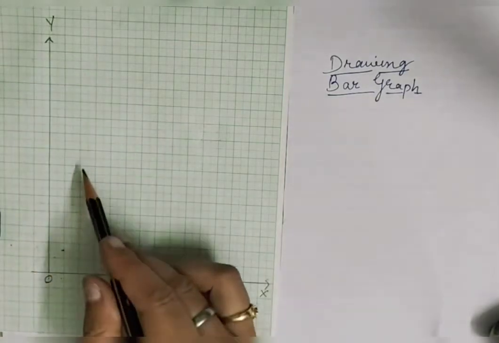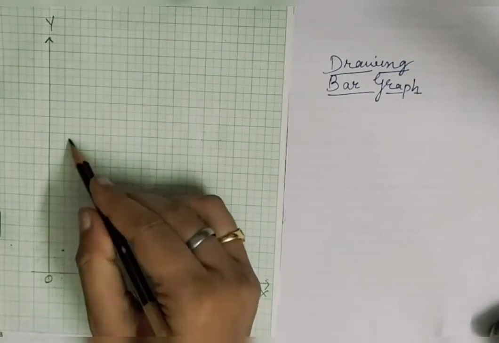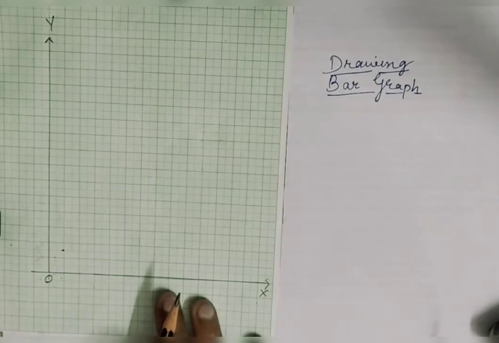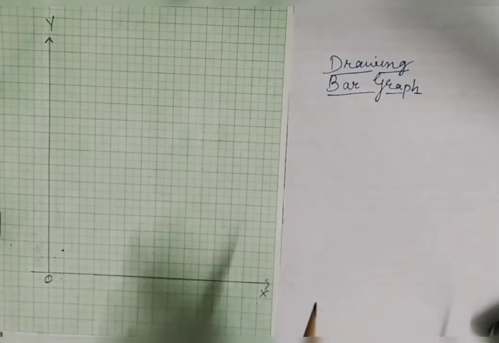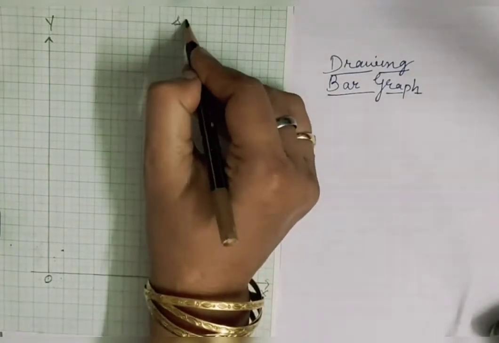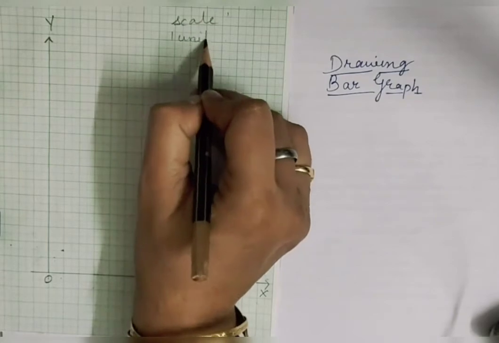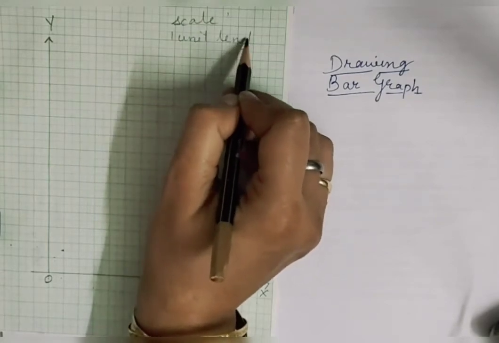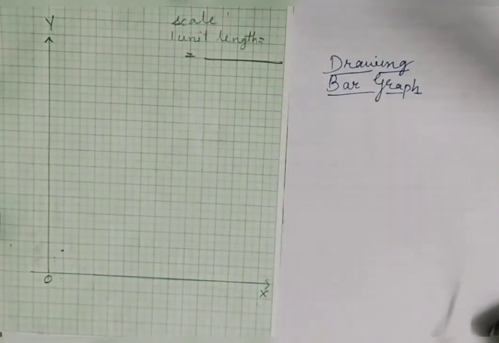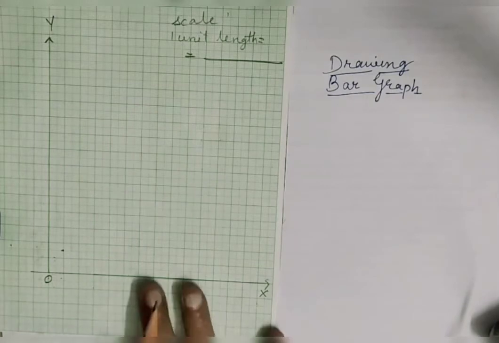Suppose we are drawing a vertical bar graph, then we need to draw like this, according to the information. Now, before drawing, we should know the scale. The important thing is to write the scale here. Whatever scale you choose depends upon the data. So 1 unit length equals what? That scale we need to write. It is a must to write. Then only we can start making the bar graph.